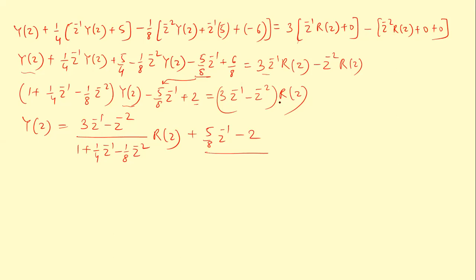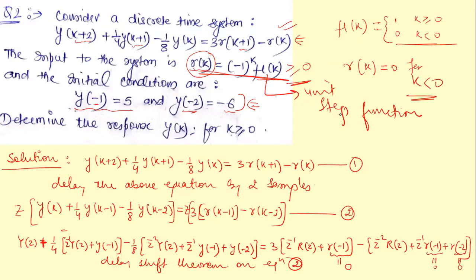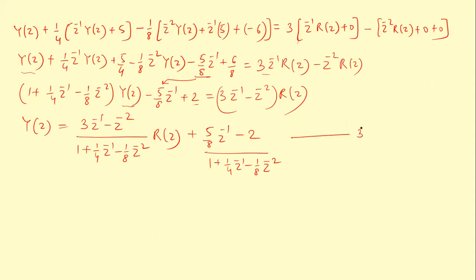And then we can write this over the LCM, 1 plus 1 by 4 z inverse minus 1 by 8 z inverse square, right? So this is, let us say, some equation number, for example 3. Okay, so we'll take it as 3.